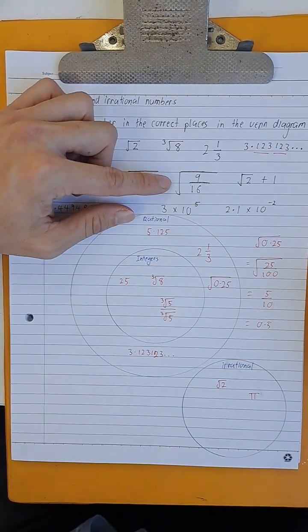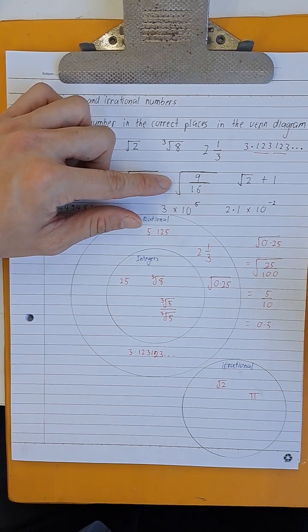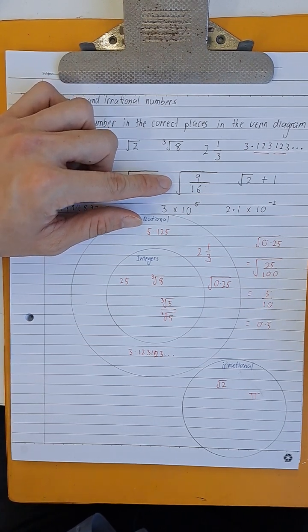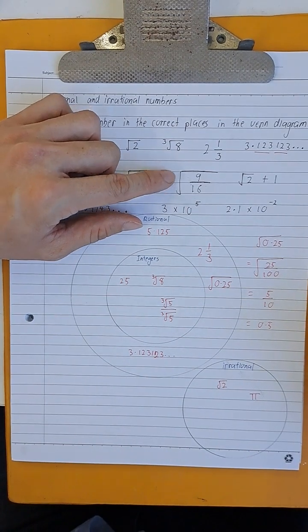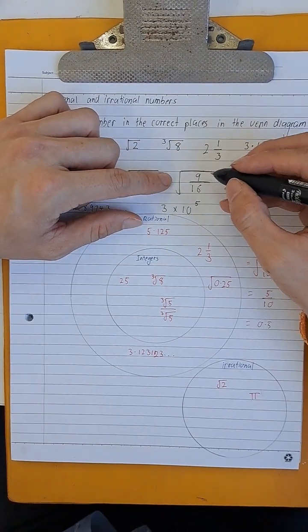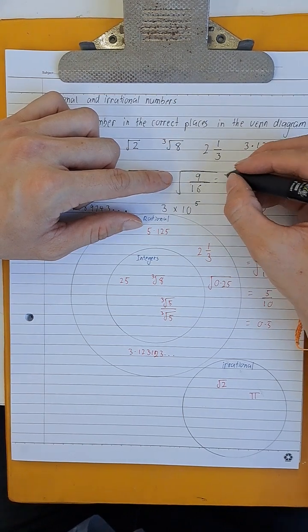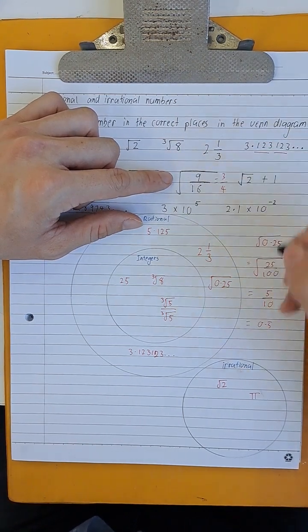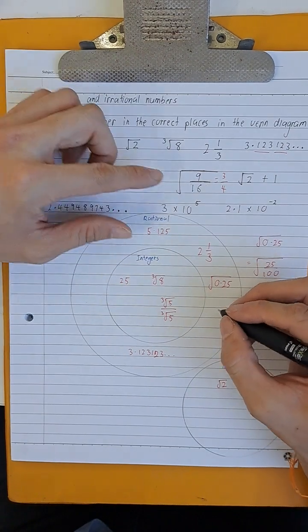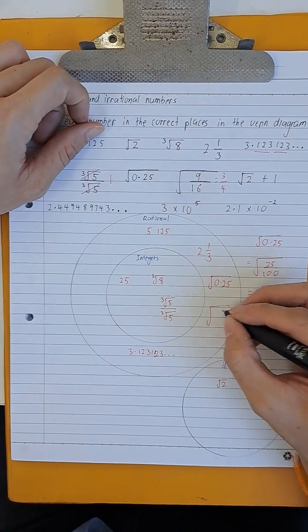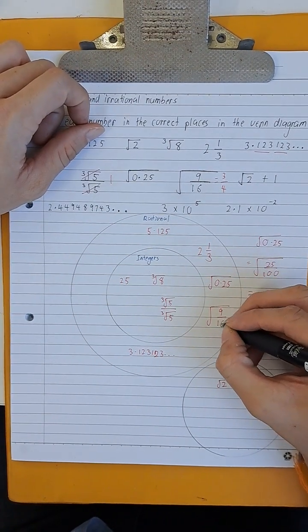Okay, for the next one, same thing. At first glance, you would think that's an irrational number, but ask yourself this question: can this be simplified? If you square root both the numerator and the denominator, you will find out you will get 3 over 4, which is a rational number. So this is also a rational number.